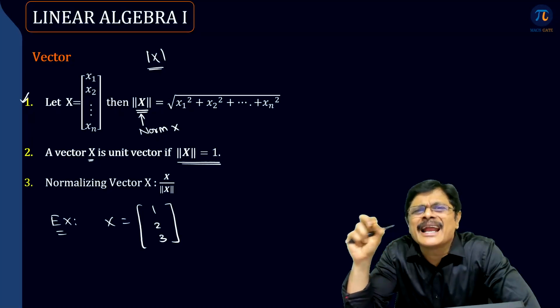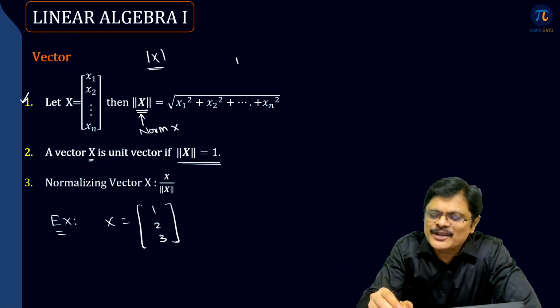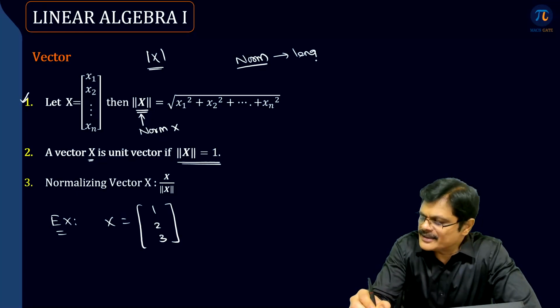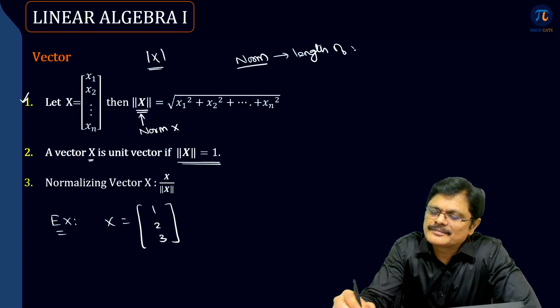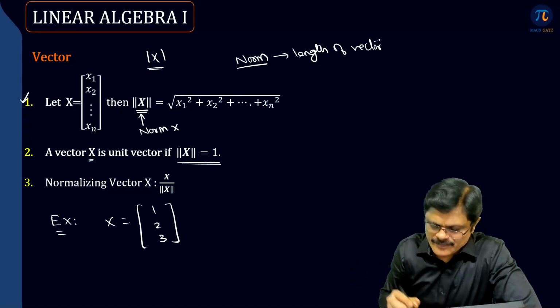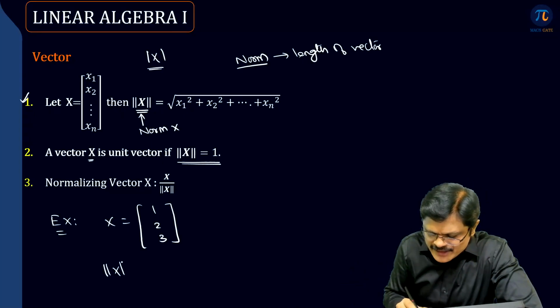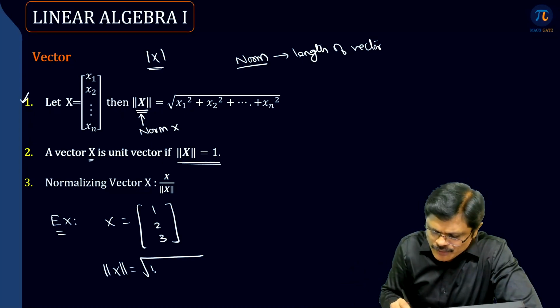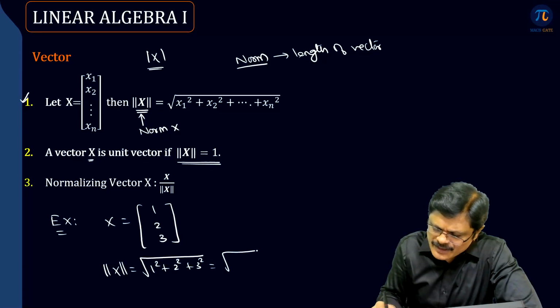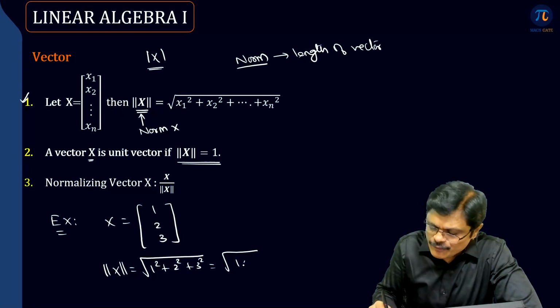Norm means the length of the vector. So what is the length of this vector, my dear friends? Under root 1 square, 2 square, and 3 square. So 9 plus 4, 13, plus 1, 14. Under root 14.